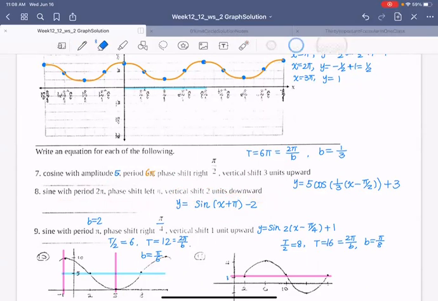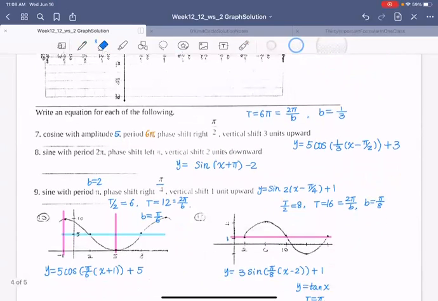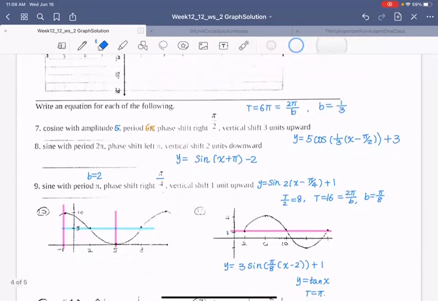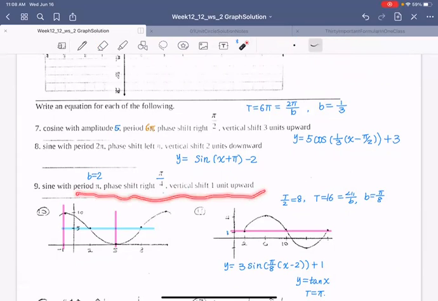Very good. Now let's take a look at here. Oh, here we haven't finished this one yet. Cindy, let's do number 9. Okay, so there's no amplitude, I think.